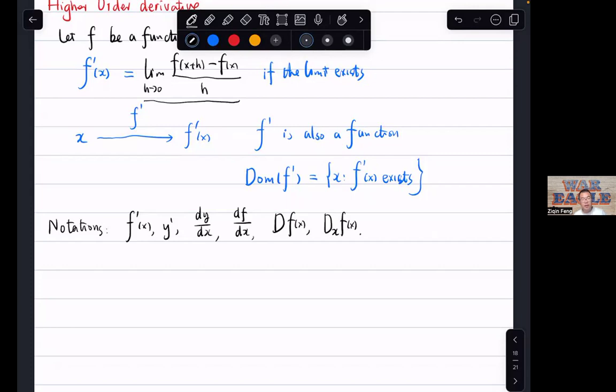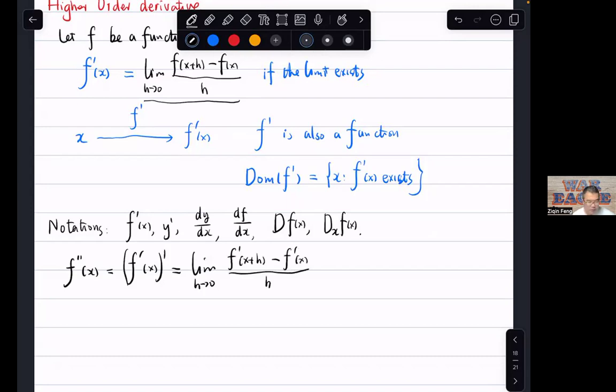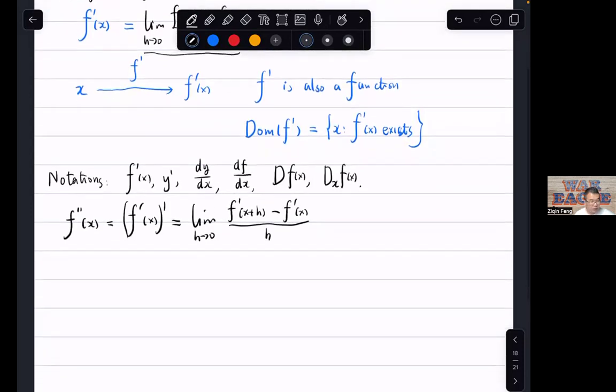After you have this new function, you can try to evaluate the corresponding limit again. So f double prime of x is f prime of x, then prime. What's the meaning of that? As h goes to 0, f prime of x plus h minus f prime of x over h. This is called the second derivative.